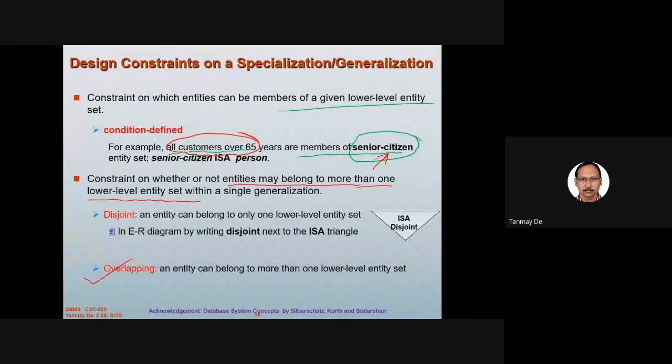That is, an entity can belong to more than one lower level entity set. But if a particular entity of the higher level entity set is present in only one of the lower level entity sets, then it is called disjoint. At that time, we can represent this as disjoint.